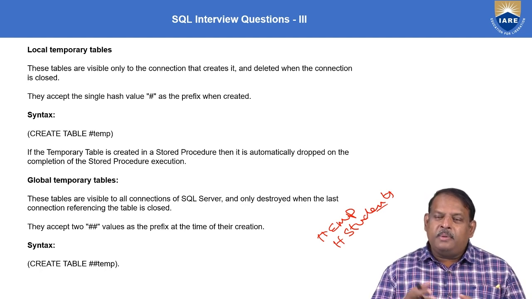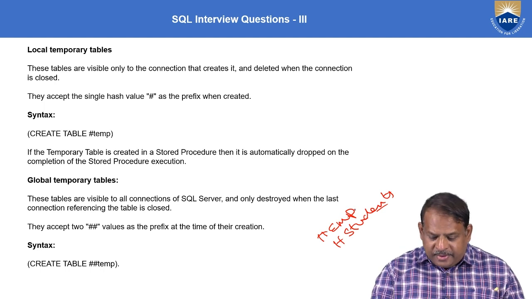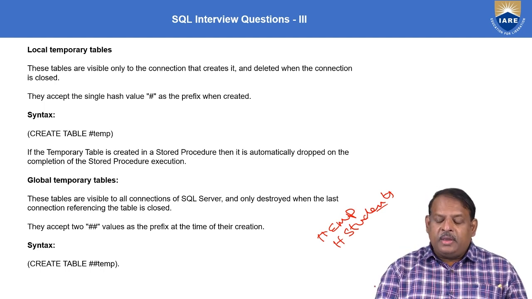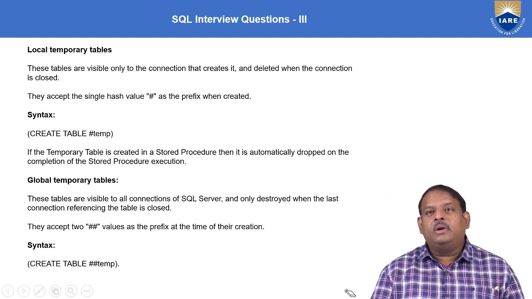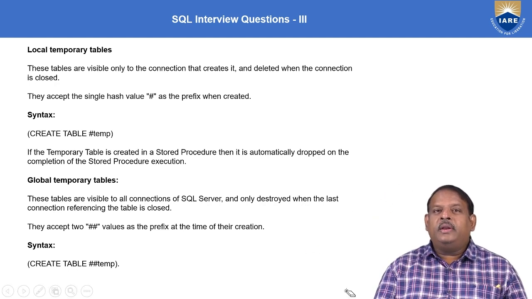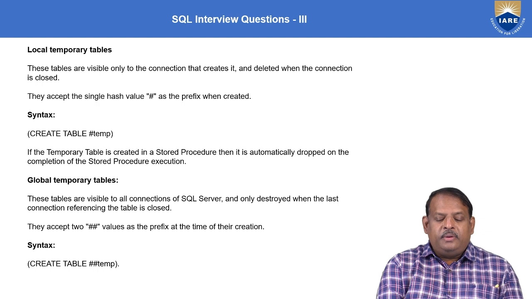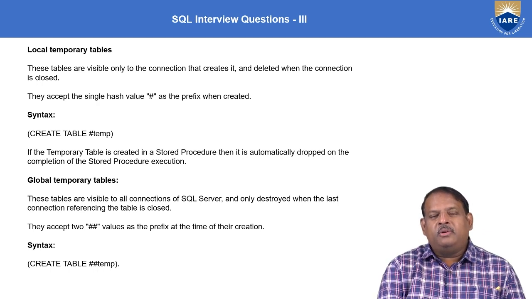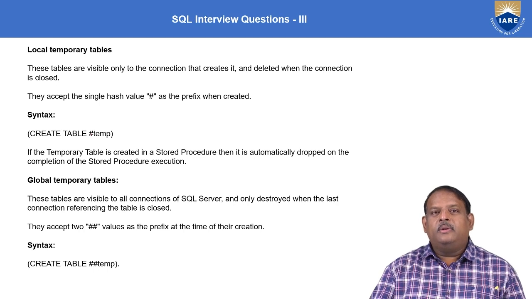If somebody else tries to access hash emp, hash students, they will not have access. That is the local temporary table. Now, how do you create a local temporary table? Create table, as you create other tables. You don't have the hash symbol for a permanent table. Here you will say hash table.